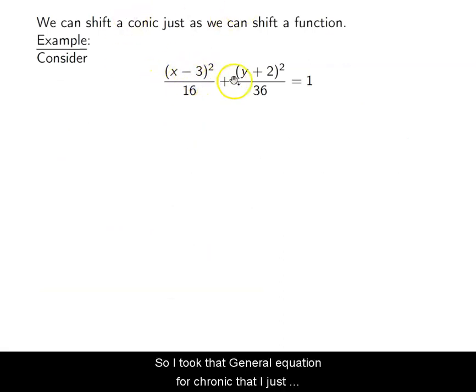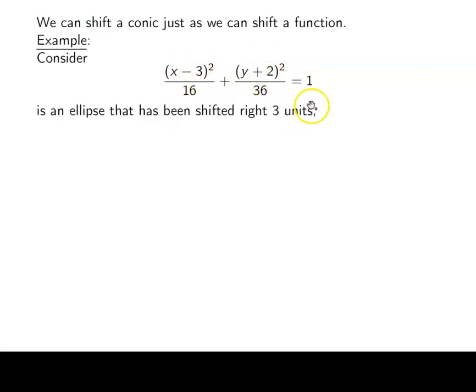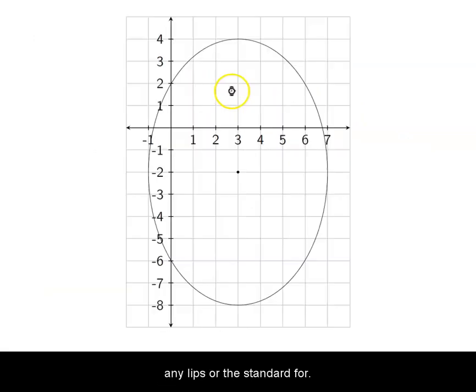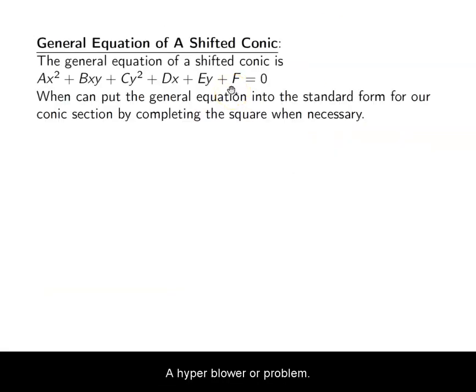If I took that general equation for a conic and completed the square for x and for y, this would be some combination of the A, B, C, D, E, and F, right? This would also be some combination of A, B, C, D, E, and F. So those constants would turn into these values. But I can manipulate that equation to look like this for an ellipse, or the standard form for a hyperbola or parabola.